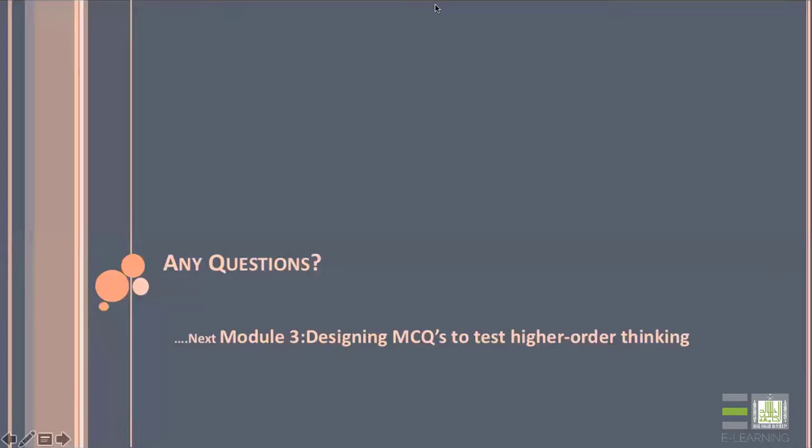There was an example question in my previous slide where, as a simple lower order question, it asks students what the definition of efficacy is.